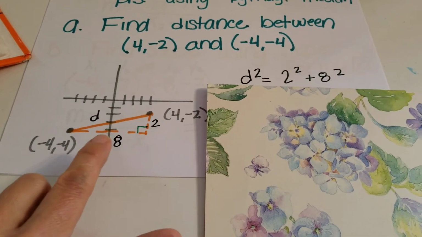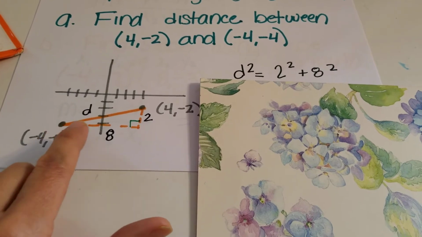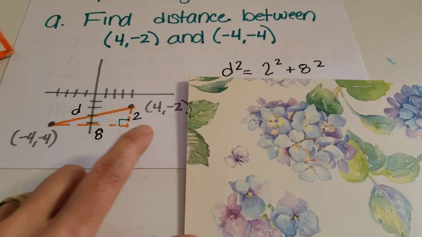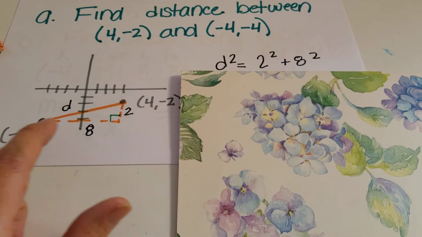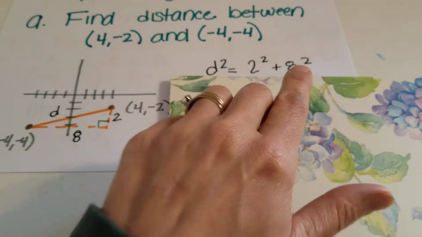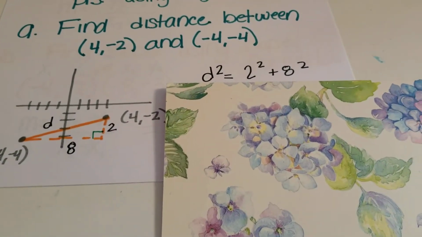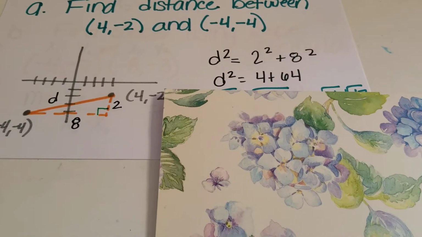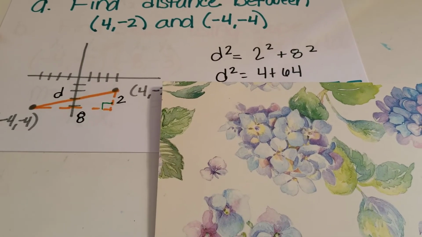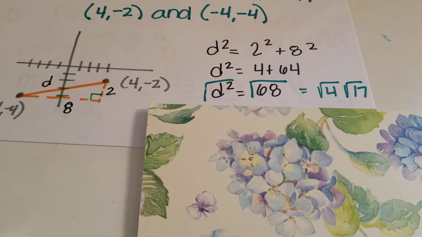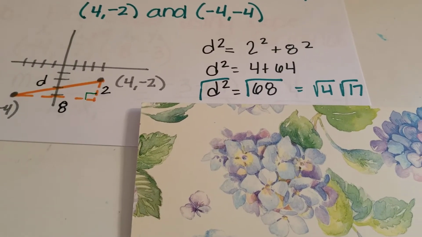Then side to side, my x value went from -4 to 0 and then 0 to 4, so that was a total movement of 8. That gave me my 8 squared. So d squared equals 2 squared plus 8 squared, which is 4 plus 64. So distance squared is equal to 68.